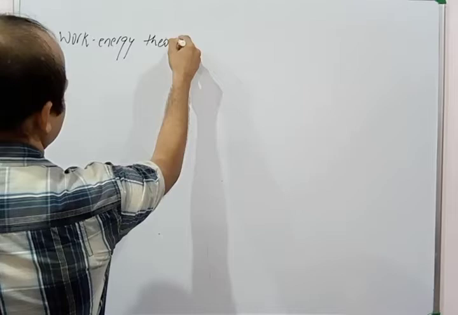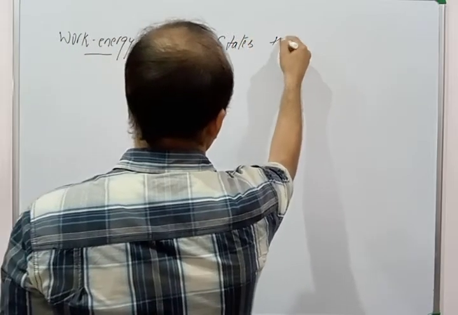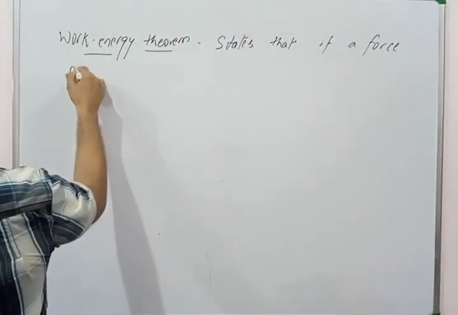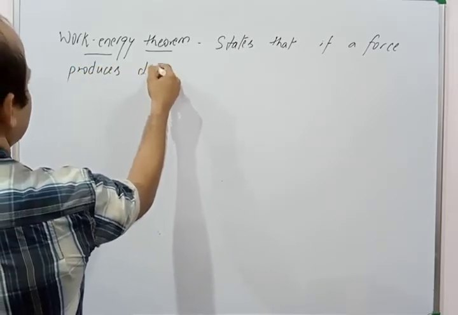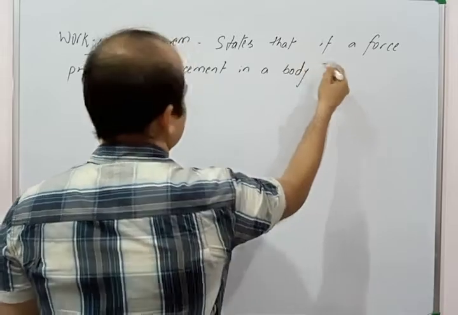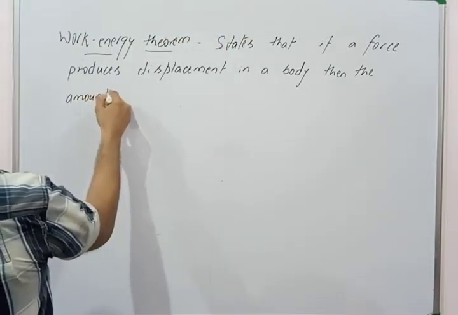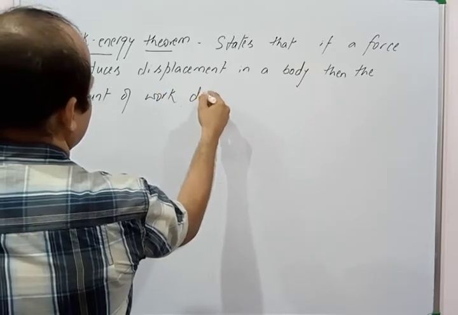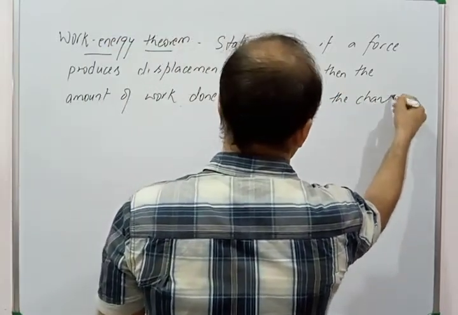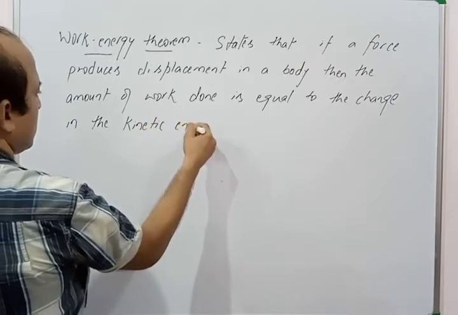What is work energy theorem? The theorem states that if a force produces displacement in a body, then the amount of work done is equal to the change in the kinetic energy of the body.